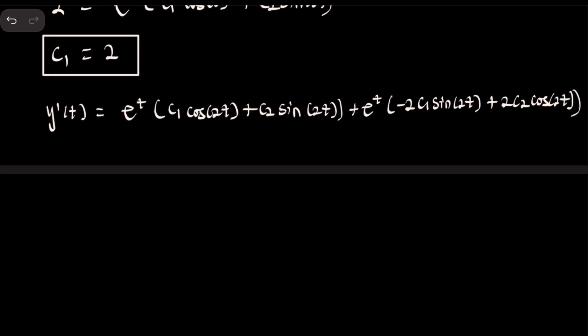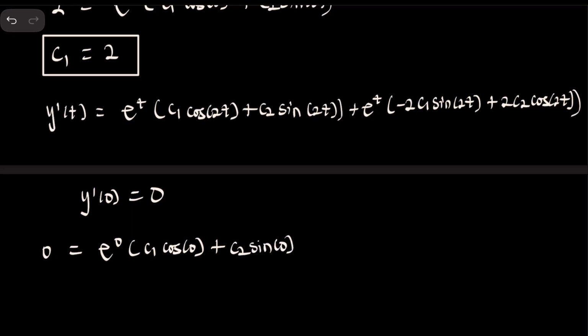By the initial condition, we have y prime of 0 is equal to 0. Thus, we are going to have 0 is equal to e exponent 0, c1 cosine of 0 plus c2 sine of 0, plus e exponent 0, minus 2c1 sine of 0 plus 2c2 cosine of 0.